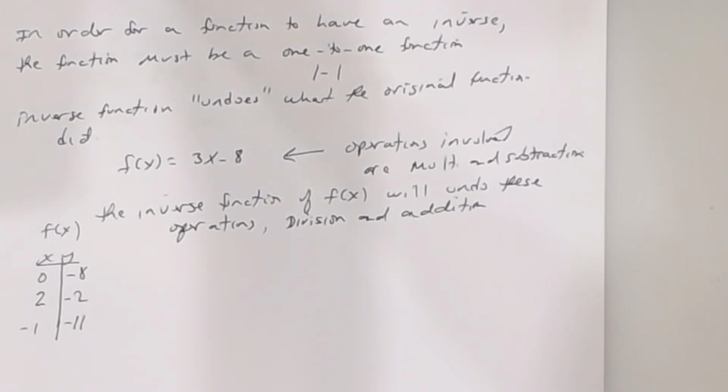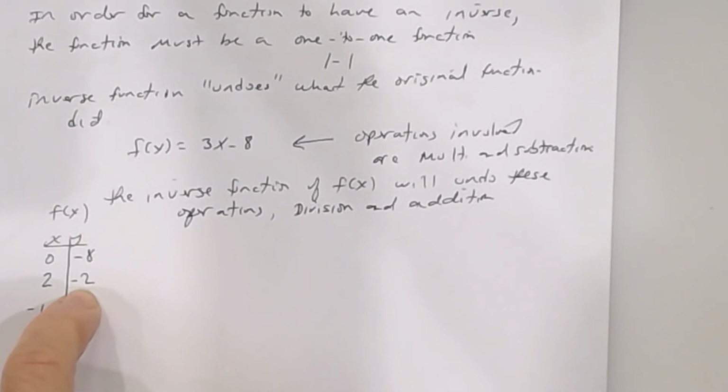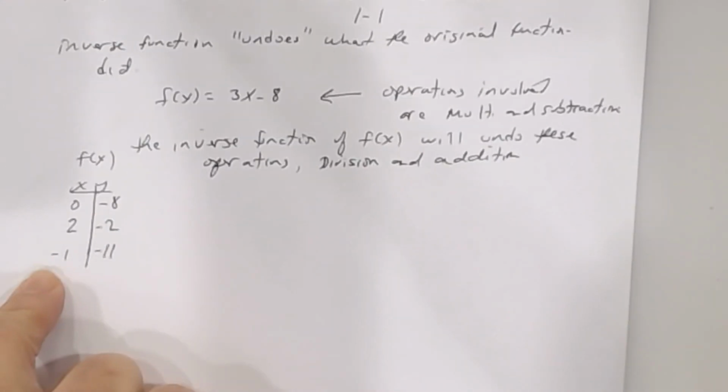What's the slope of that line right here? 3. It's not 0. And in fact, if you look at the t-table that I drew for it, when y is -8, how many x values did I get? Just 1. When y is -2, how many did I get? Just 1. When y is -11, how many did you get?